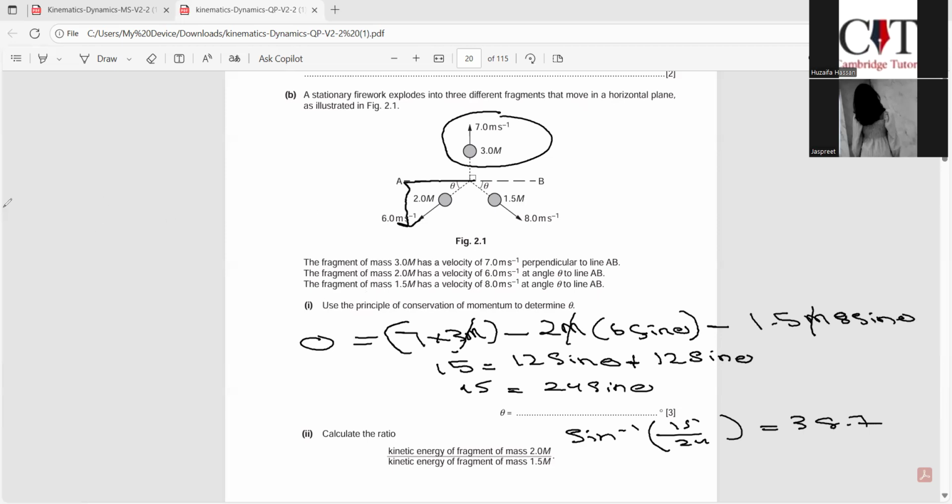One more mistake I have made is that 7 into 3 is 21. I don't know why I wrote it here. Now do it again. 61. So yeah, this is the correct answer. So is it clear? Yes, sir.